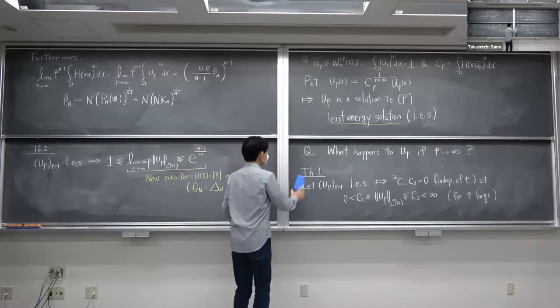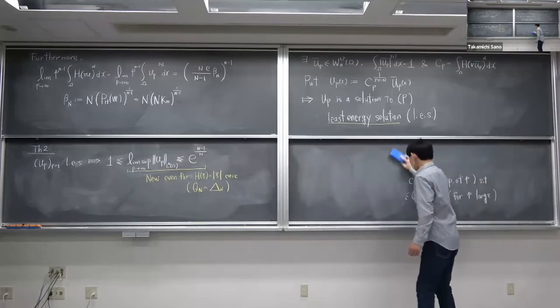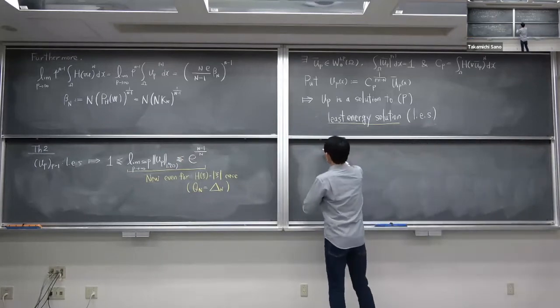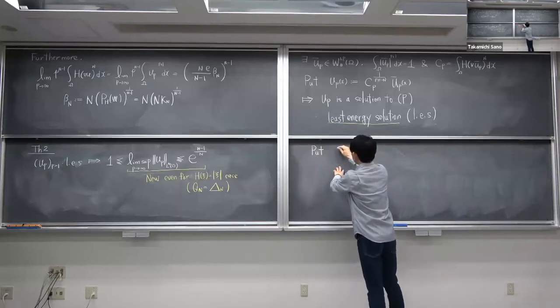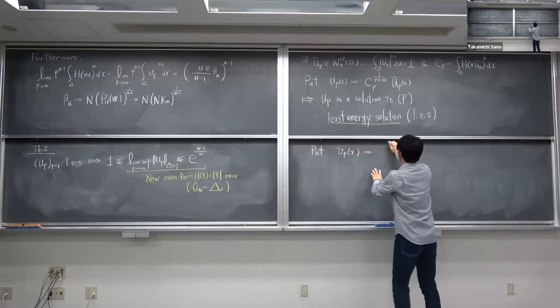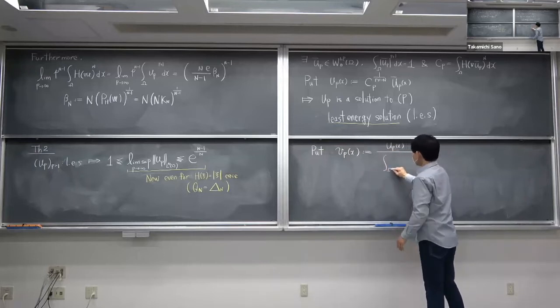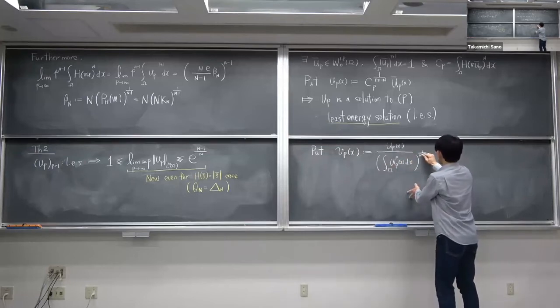And theorem 3. In order to state theorem 3, we want to define several notions. Put a new function Vp, Vp(x) is equal to Up(x), the least energy solution, divided by the integral over omega of Up to the power P, to the power 1 over n minus 1.